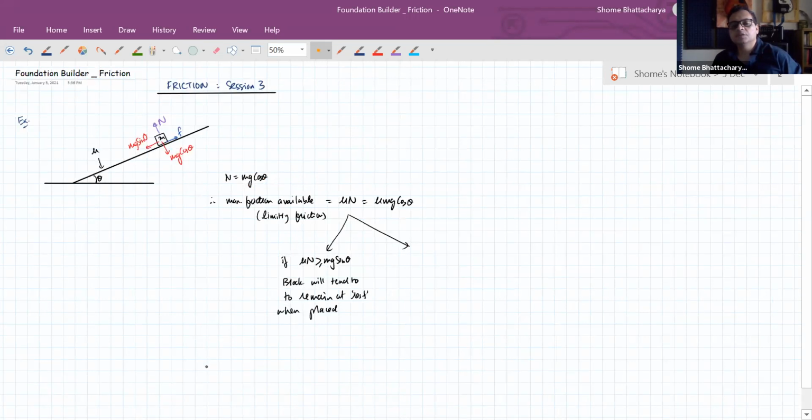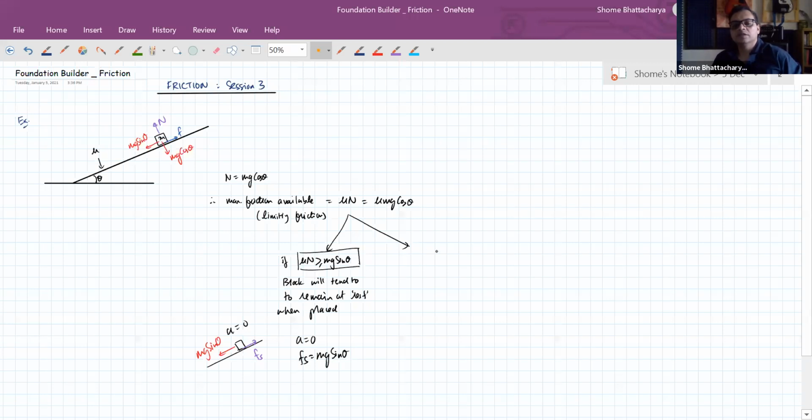In that case, the acceleration of this block will be zero. It will remain at rest, because mg sin theta will get balanced with static friction. So acceleration will be equal to zero, and static friction equal to mg sin theta will act, but for that, this condition needs to be satisfied.